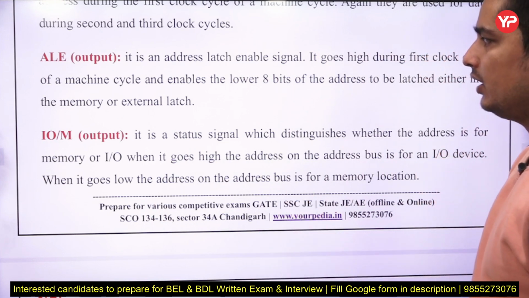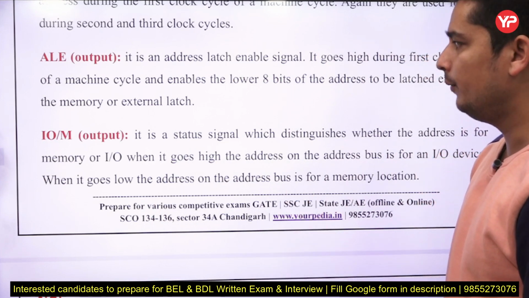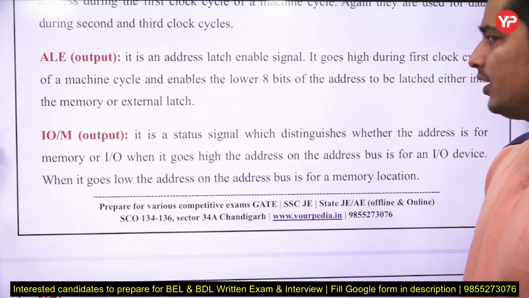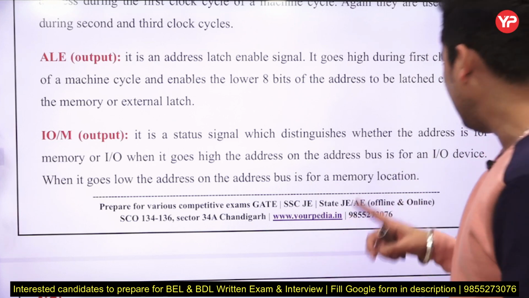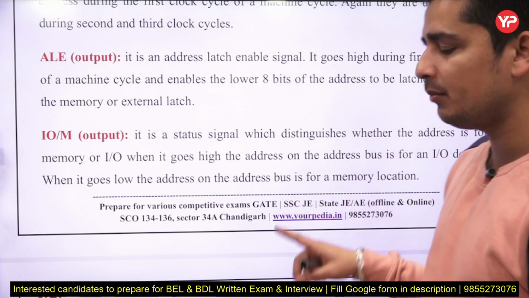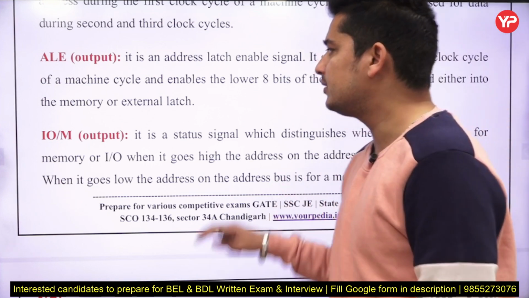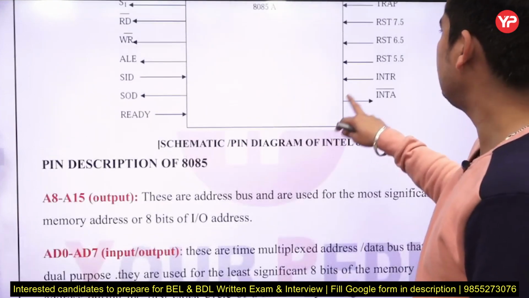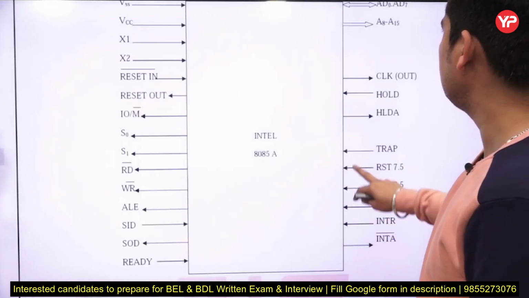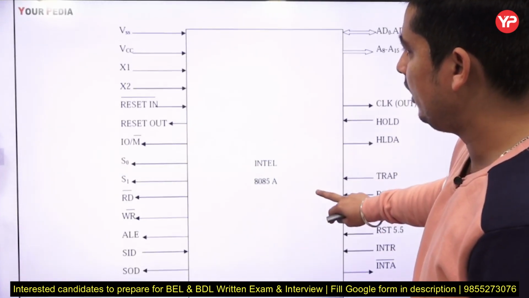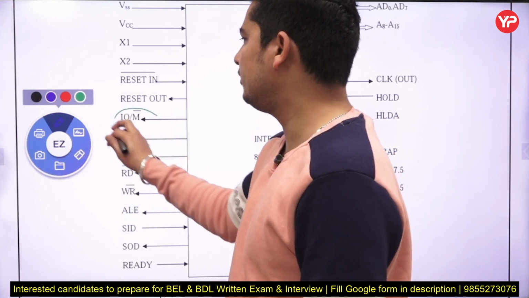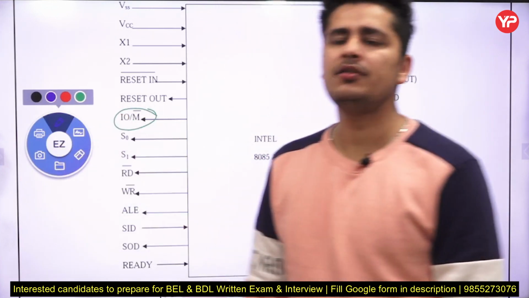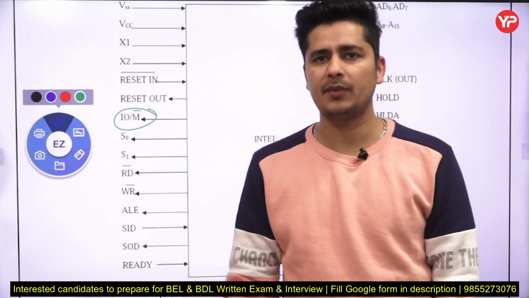Now IO/M, input output or memory. It is a status signal. It is only telling you the status, to distinguish whether the address is for memory or IO. There is a pin, the IO/M pin. This pin will tell you whether currently we are dealing with an IO device or a memory device.